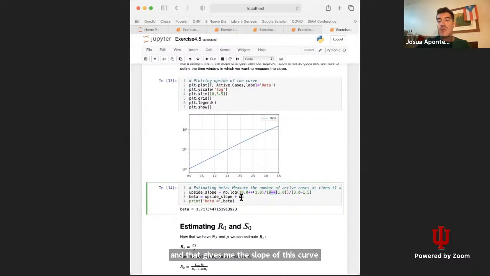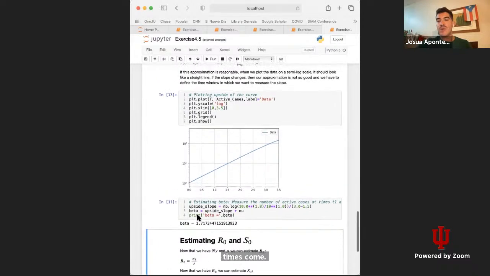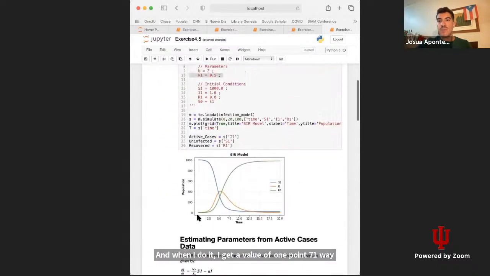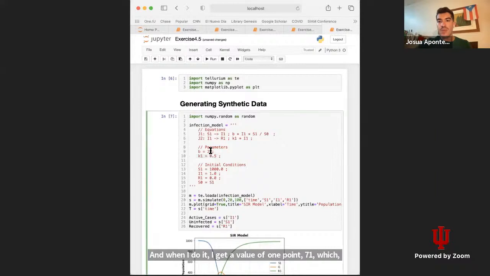And then since I already know mu, now I can add mu to that slope, and that's going to give me beta, which again is a product of n times gamma. And when I do it, I get a value of 1.71, which if we come back to the model, it was a value of 2.